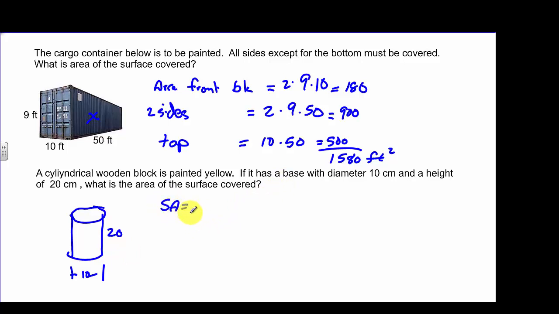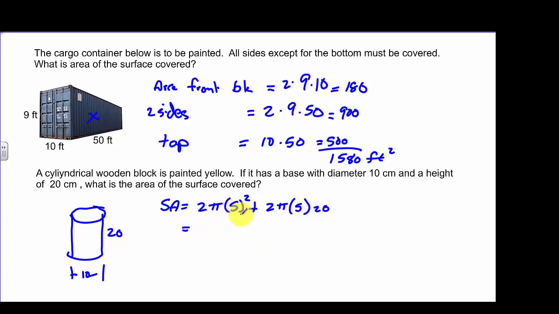Surface area equals the top and bottom, which is 2 circles, 2 pi times the radius. In this case, the radius is half of the diameter, so that's 5 squared, plus 2 times pi times the radius again, times the height, which is 20.